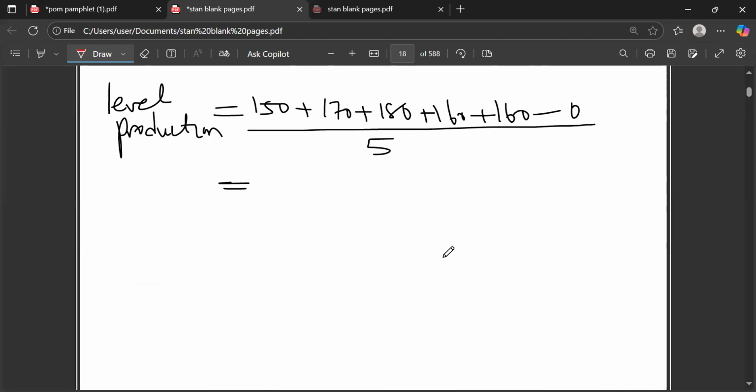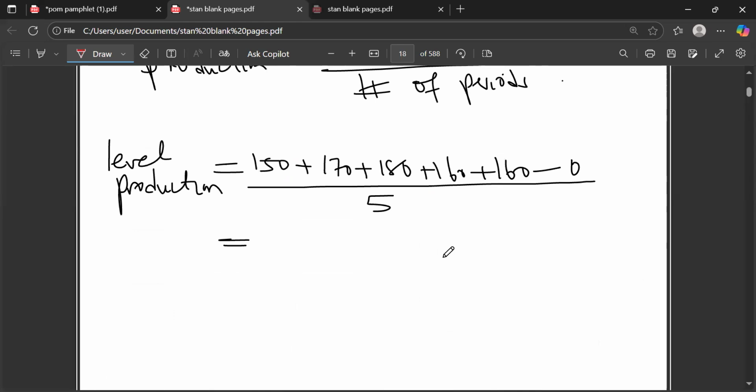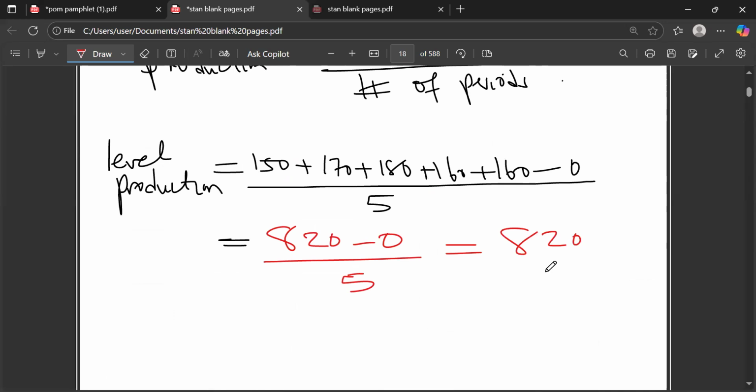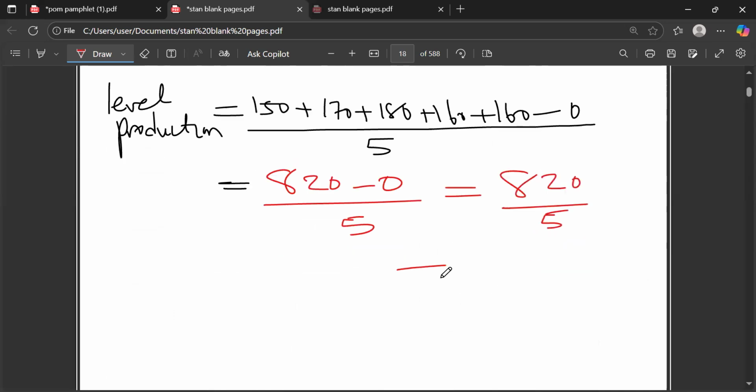So let us now add. So it is 150 plus 170 plus 180 plus 160 plus 160, which is 820. 820 minus 0 divided by 5, which will be 820 divided by 5. So this one is 164 units. 164 what?